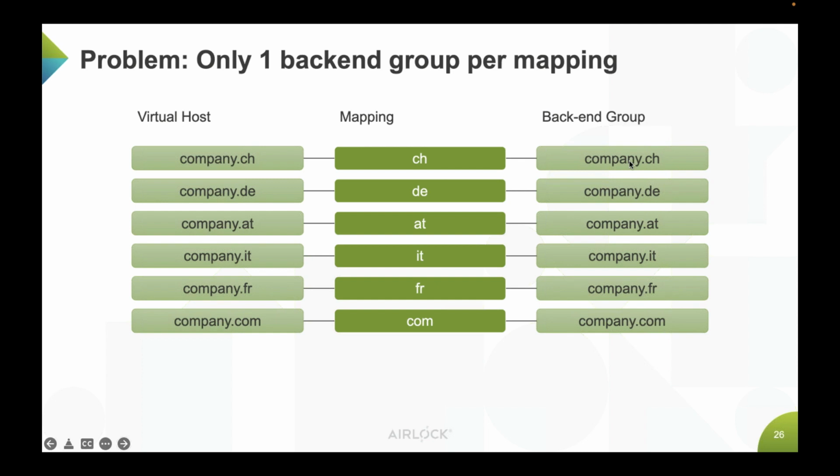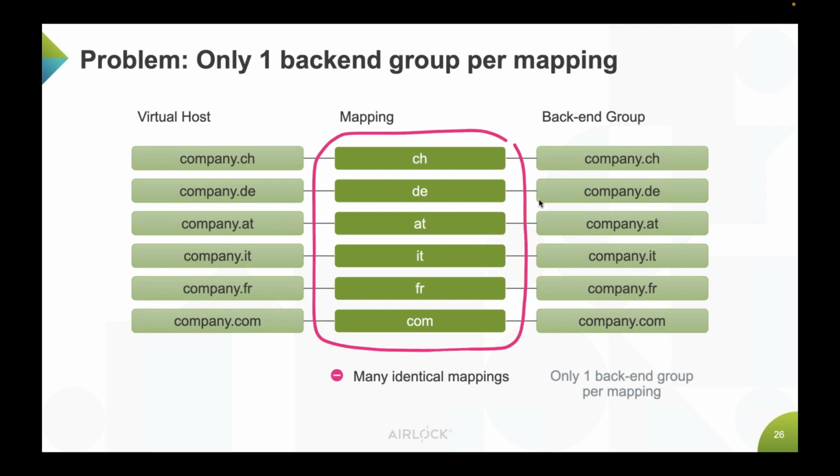So today, that means like before 7.8, you would have to do something like this. You would have a virtual host for each landing page, and then a mapping connecting each virtual host to the corresponding backend group. So now that's quite a simple setup. It's just having one mapping. In between, you could easily end up having 10 mappings because it might be a complex application.